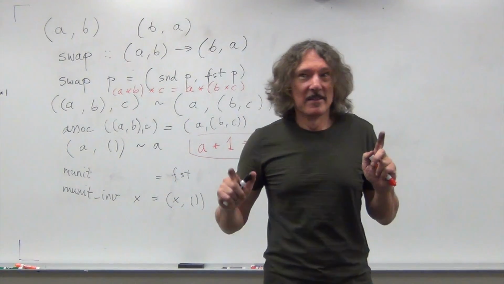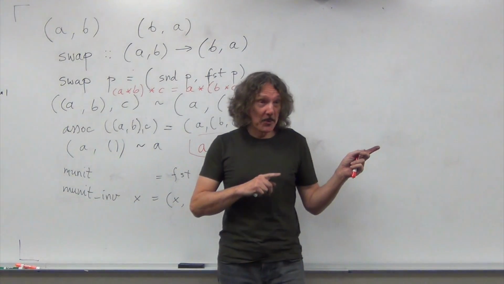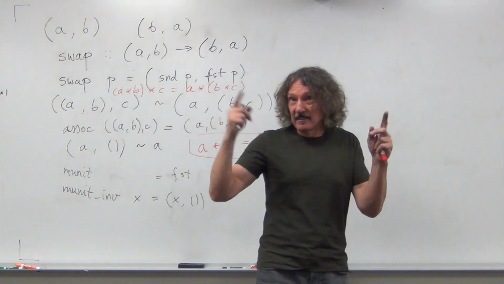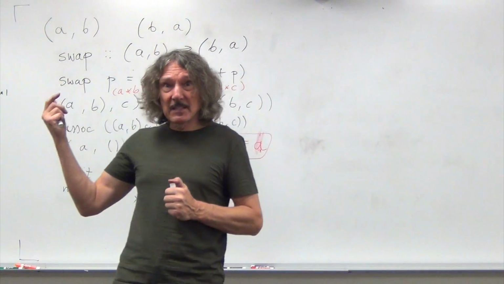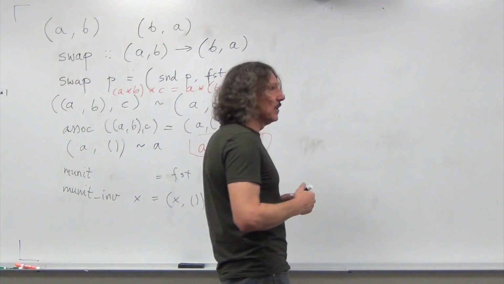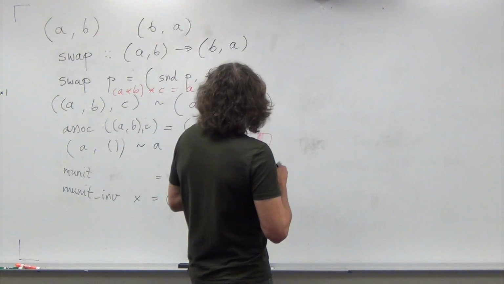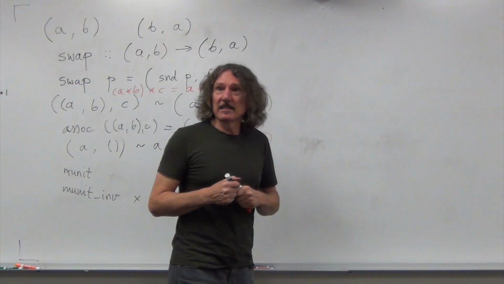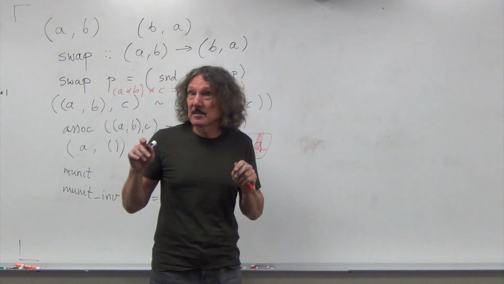Now what about sum, right? I said coproduct, and Either is a sum type. So again, it is symmetric up to isomorphism.